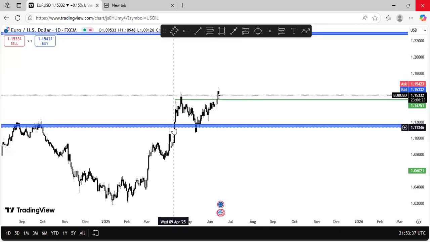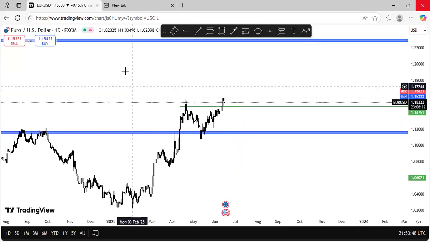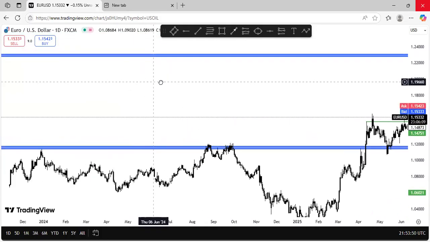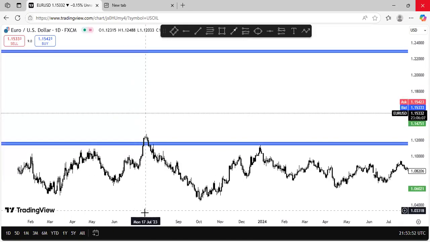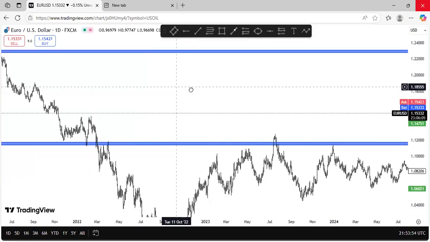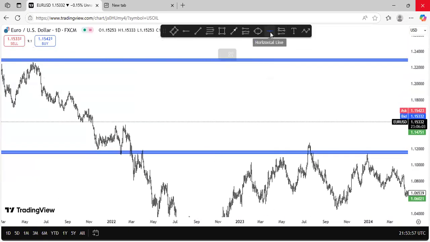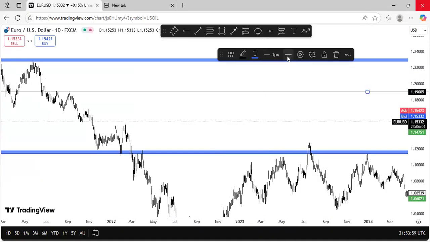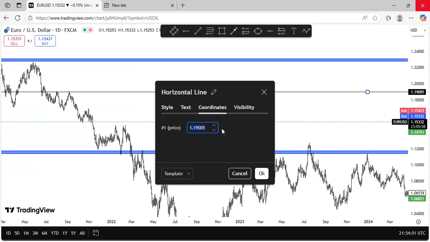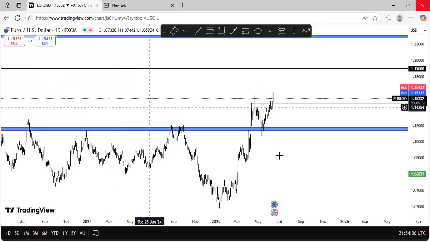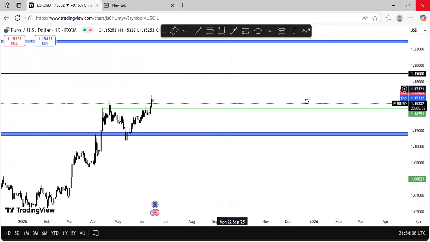So on the monthly time frame, the Euro USD price is basically in an uptrend, weekly time frame uptrend, and daily time frame uptrend. We can see price breaking this zone around here. And if I look left again, I'm expecting price to get to this level.